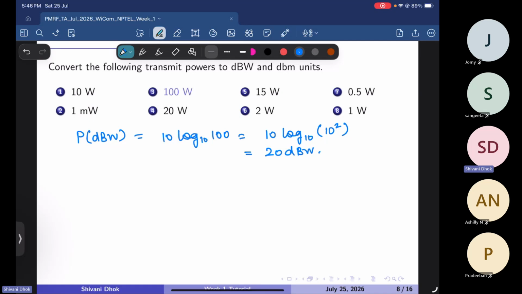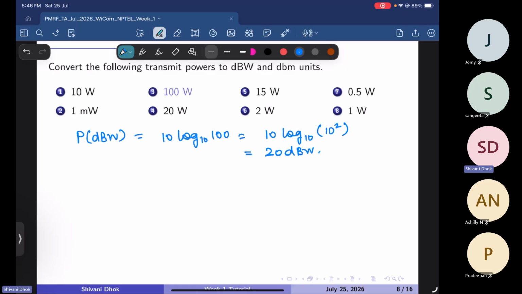So one thing to note from this particular point is when you have 100, 1000, 10,000, and so on, you start to see dBs such as 10 dB, 20 dB, 40 dB, and so on. So if someone says you have 20 dBW of power, it corresponds to 100 watts, which is huge, which is very huge.